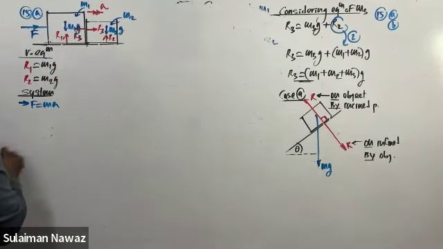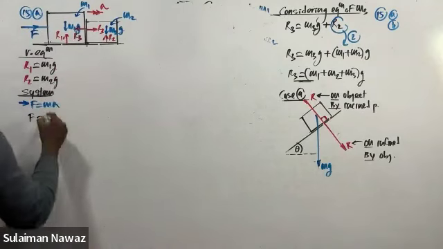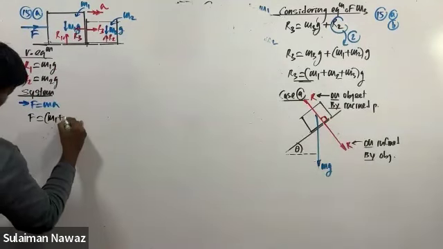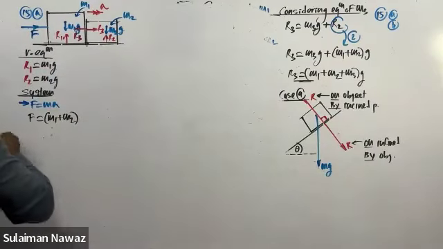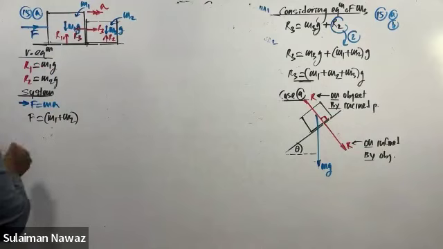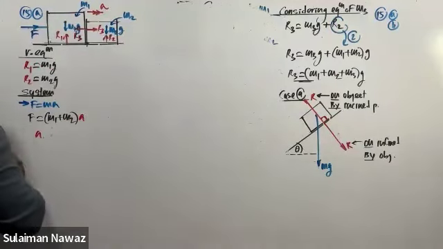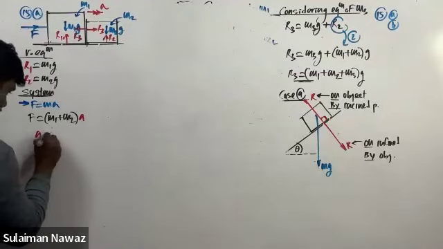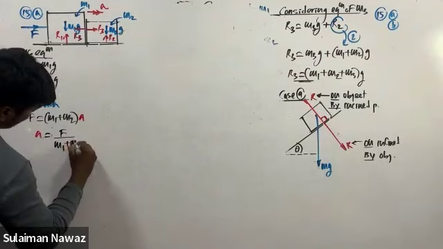Only force F. The system's mass is M1 plus M2. You want to find answers in terms of F, M1, M2. Therefore, it's okay to keep M1, M2, F in your final answer. Then acceleration will be F over M1 plus M2. I got that answer also.